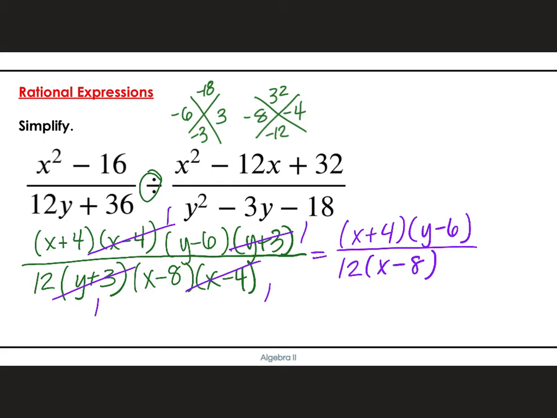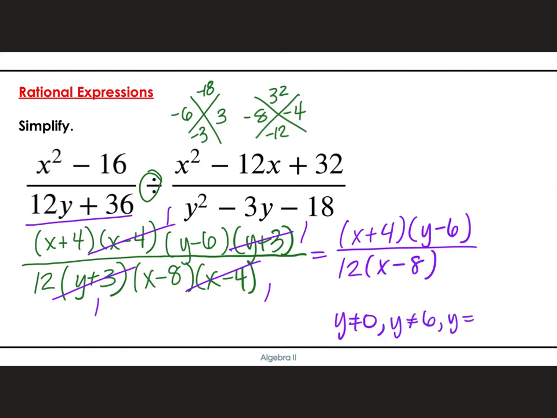And one thing that we didn't talk about was excluded terms. So I want to get my excluded values from my original problem. So I know that in this problem, y can't be 0. And I know that over here, y can't be 6.